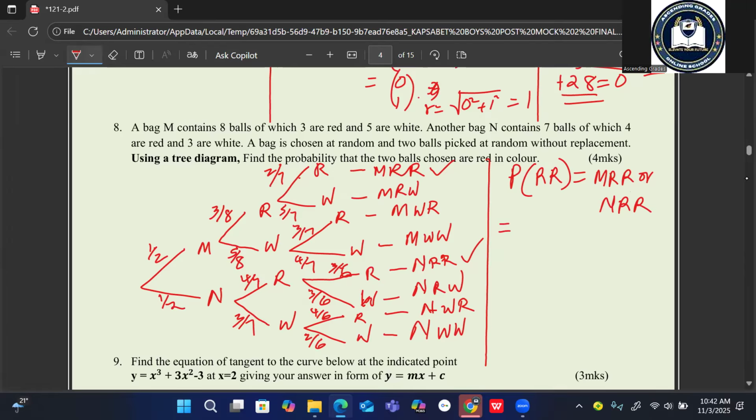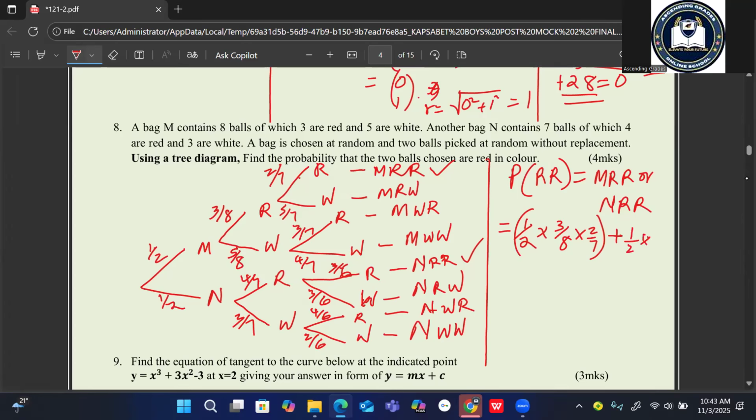So bag M, red, it will be half. We multiply by 3 out of 8, we multiply by 2 out of 7, plus bag N, red, it will be half.